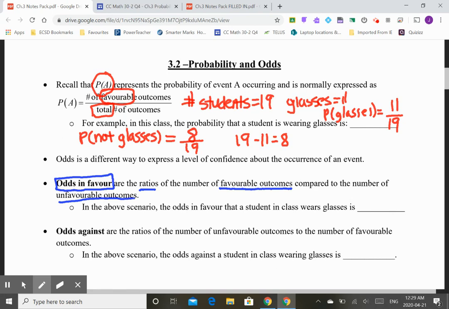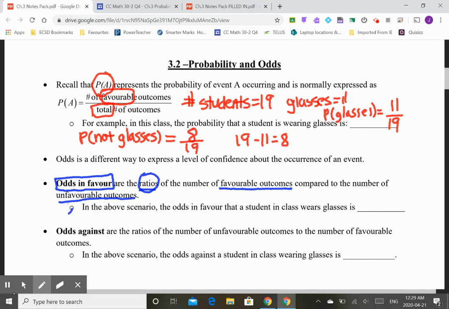First of all, odds is expressed as a ratio. That's different than probability. Probability was either a fraction or a decimal or a percent. Odds are always a ratio. Also, odds compares favorable to unfavorable outcomes, which is different than probability, which compares favorable to total.